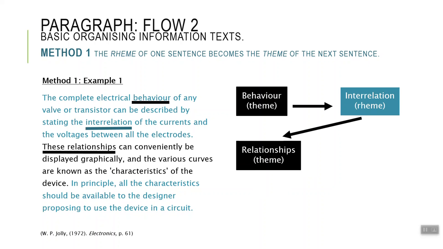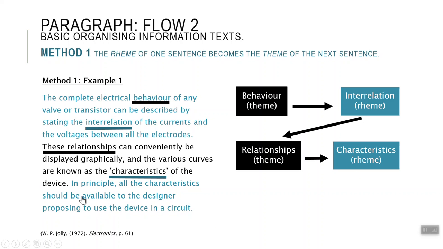These relationships, which is which one? You see that this pattern was from the flow pattern in the first set of videos, where it says 'this' or 'these' plus a summary noun. So these relationships, which is this one, can conveniently be displayed graphically, and the various curves are known as characteristics of the device.